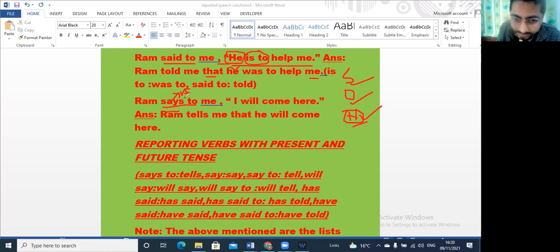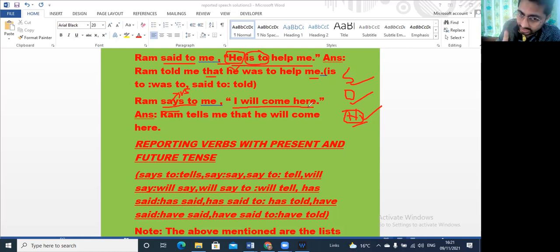Now, note another thing. Tense is never changed. Adverb is never changed. But what is the thing that can change? Obviously, person can change. In which case, when reporting verbs, just like says to, will say to, are in simple present or in simple future, then the tense of reported statement is never changed.